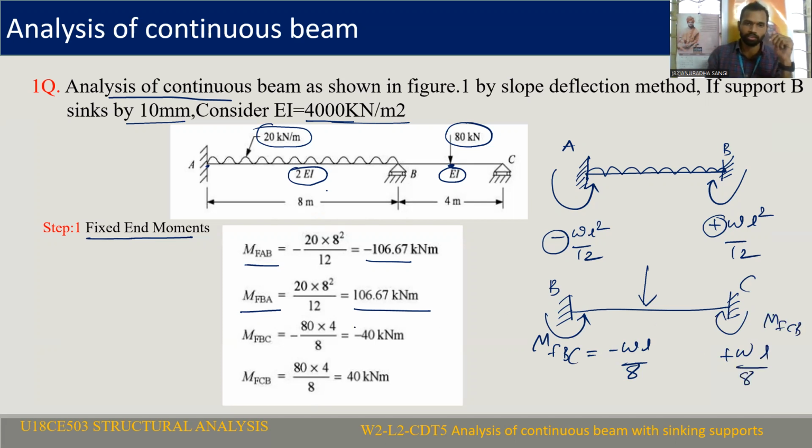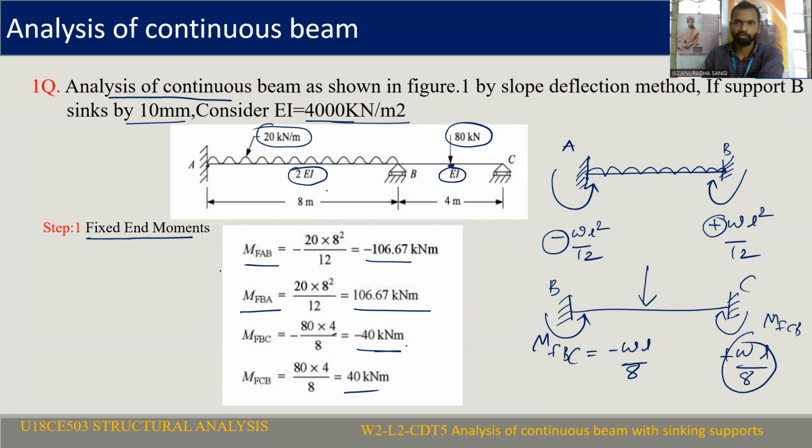Now substitute W is equal to 80, L is equal to 4, divided by 8. You are going to get MFBC equal to minus 40 kilonewton meter, and MFCB is equal to plus 40. The magnitude is the same, but the sign is different, because one is anti-clockwise and the other is clockwise.